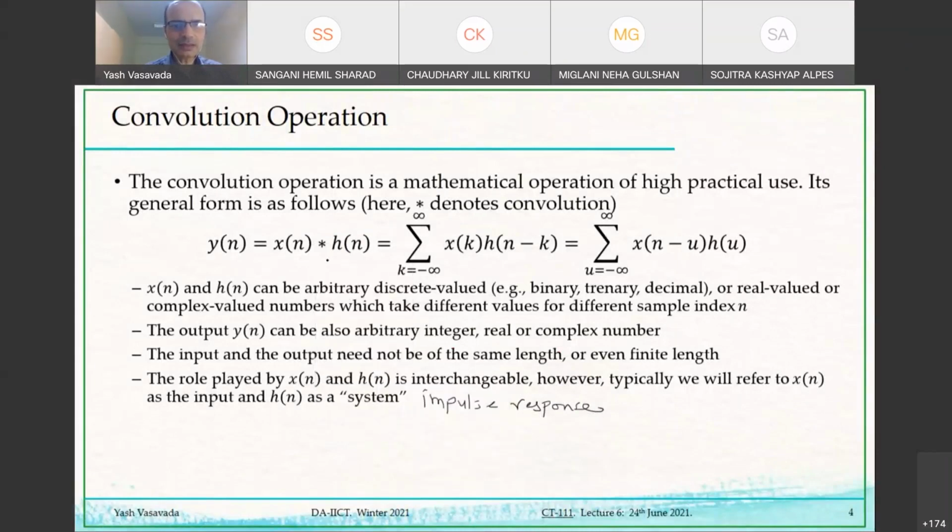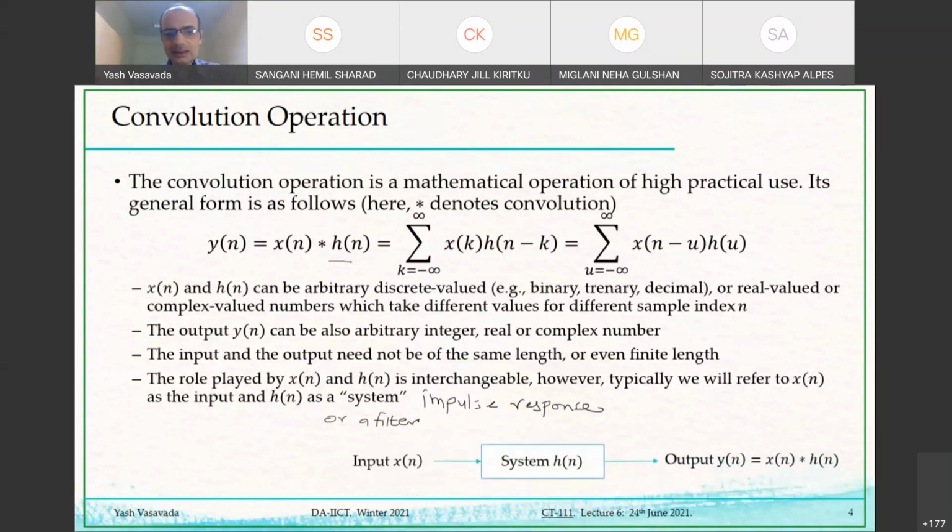And what we mean by system we will specify later on. The system is sometimes even called a filter. So h is called the impulse response of the system or a filter or any such similar terminology. And then x is simply its input and y is the output.